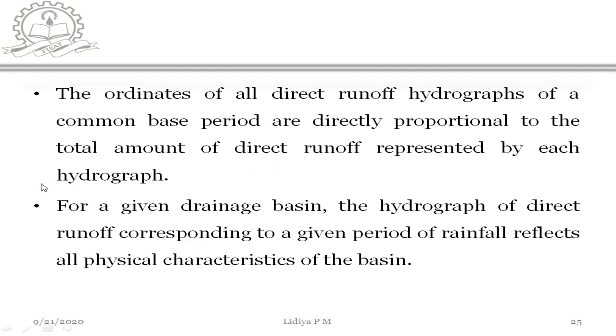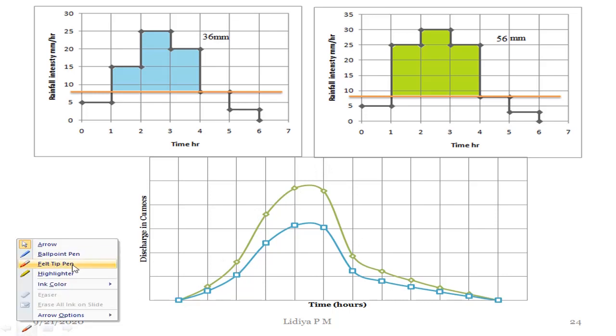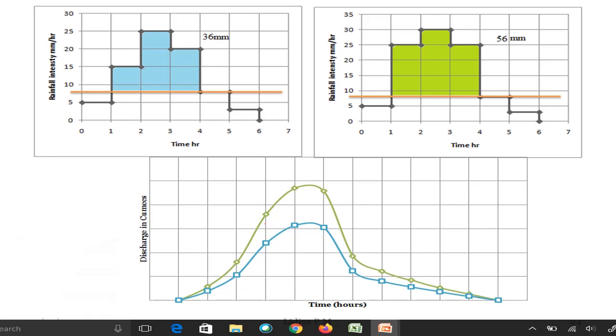That is, if you consider the ordinate of this one, say O1, it is proportional to the total direct runoff. Similarly, if you consider this ordinate O2, it is proportional to this direct runoff.